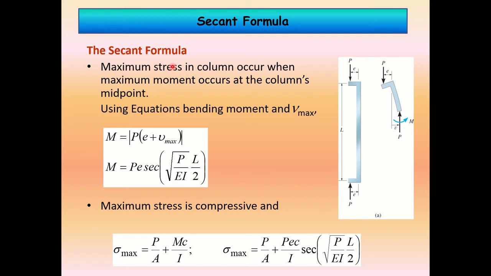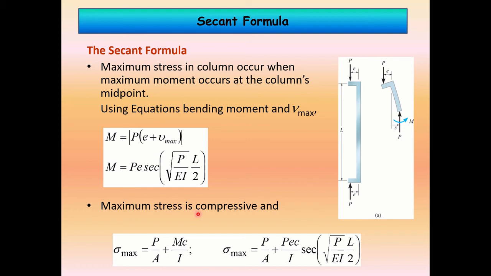The secant formula: maximum stress in the column occurs when the maximum moment occurs at the column midpoint. Using the bending moment equation and Vmax, the moment equals P times bracket eccentricity plus Vmax bracket. So the moment becomes P times e secant square root of P times L over 2EI.